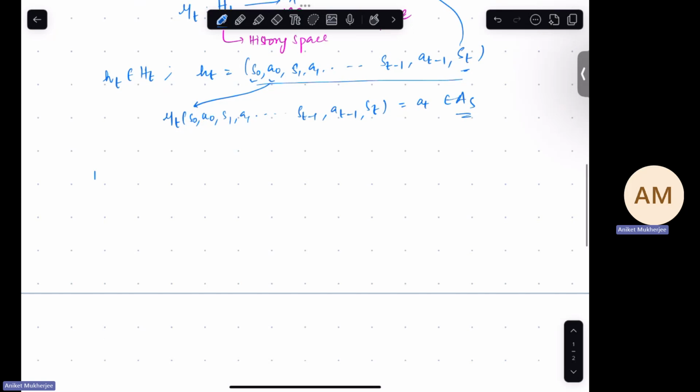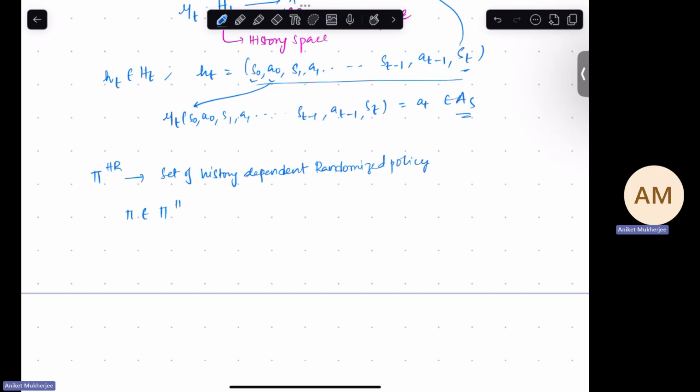Suppose you had the set of history-dependent randomized policies, Pi HR. If you have a policy pi which belongs to Pi HR, again similar to the above, you have a vector of functions pi 0 to pi T minus 1.